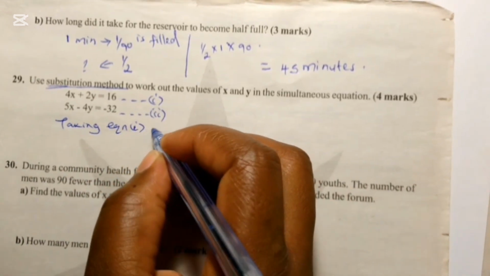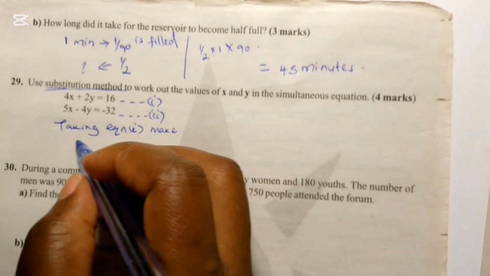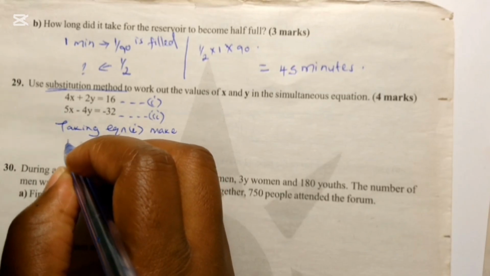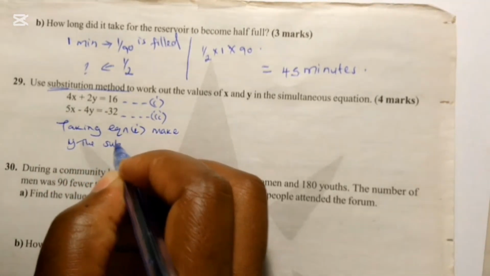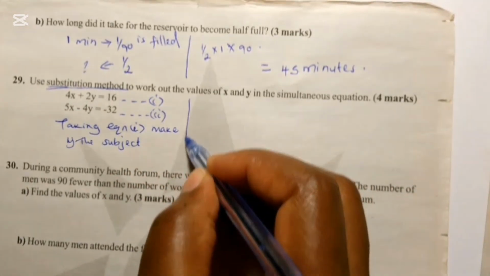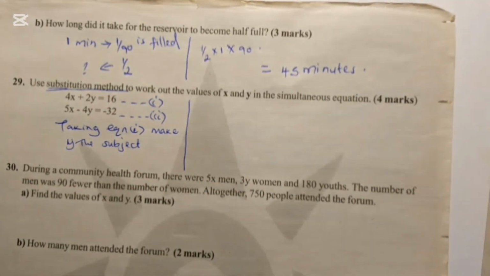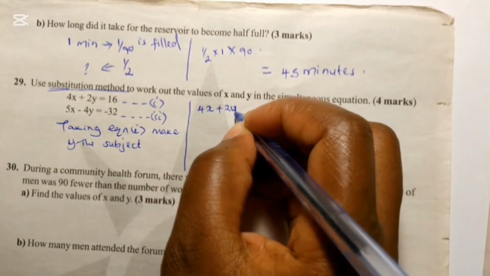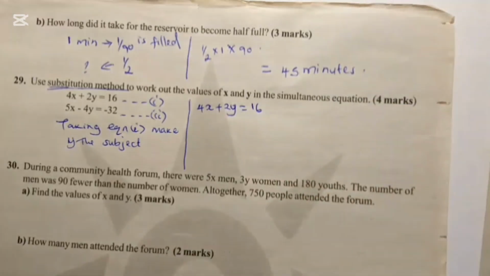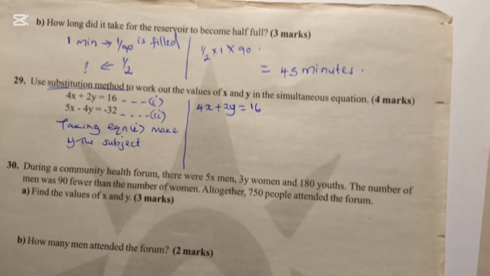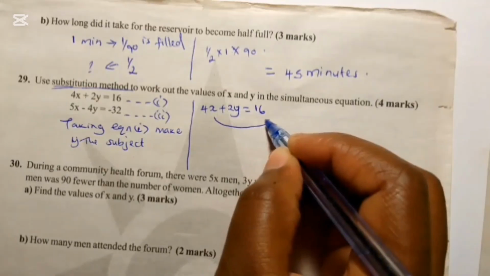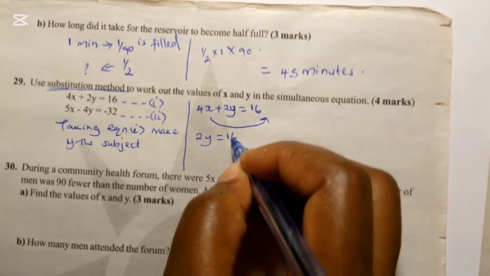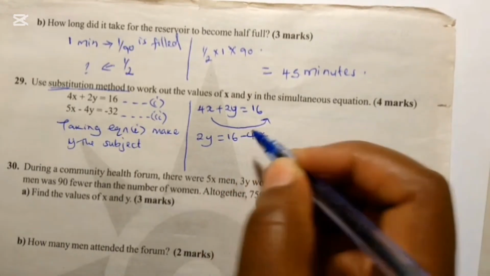So in this case, taking equation 1, you can make y the subject. We have the equation 4x plus 2y is equal to 16. Because we are after making y the subject, we shall take 4x to the other side of the equation, and we'll have 2y being equal to 16 minus 4x.